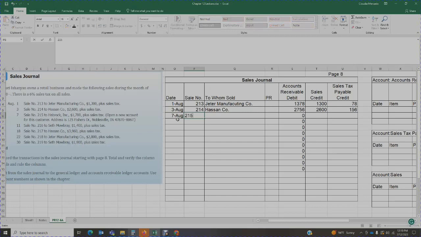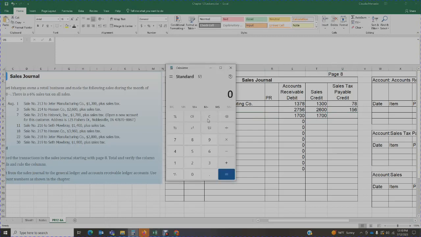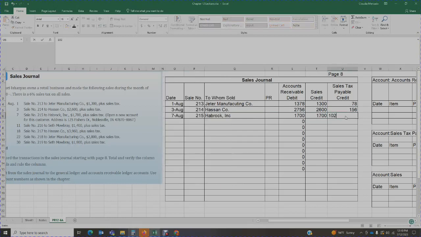This is sale number 215 to Habrock Incorporated. The amount of the sale is 1,700. So 1,700 times 6% is $102 of taxes that we have to collect. So the total that we have to collect is $1,802.